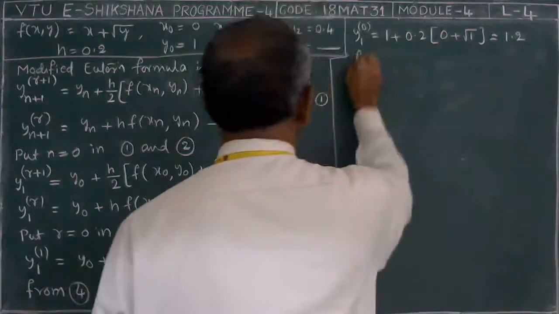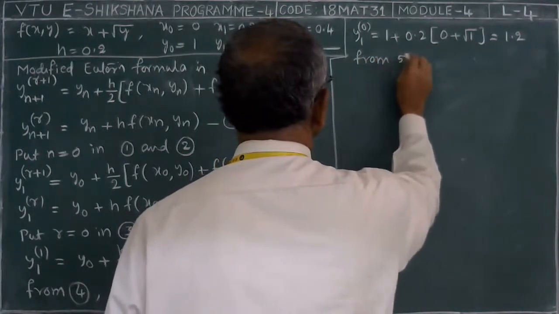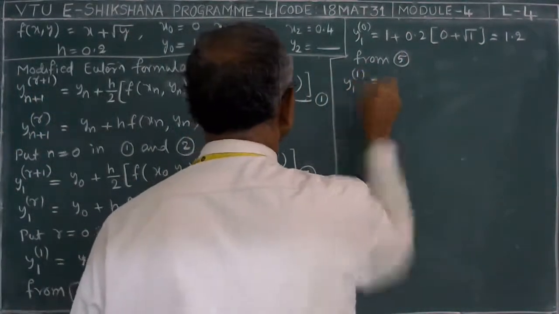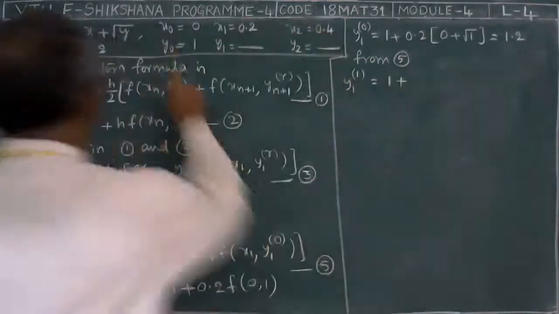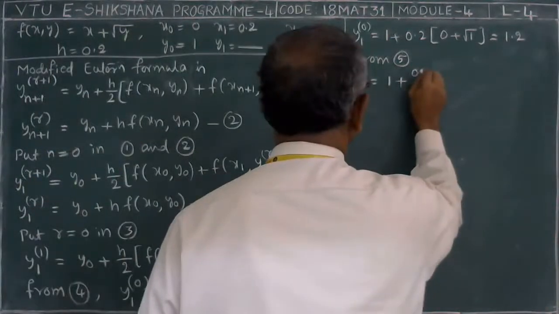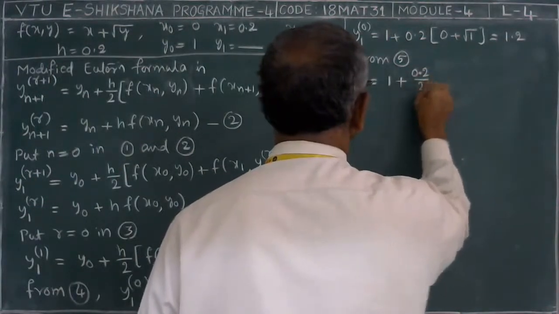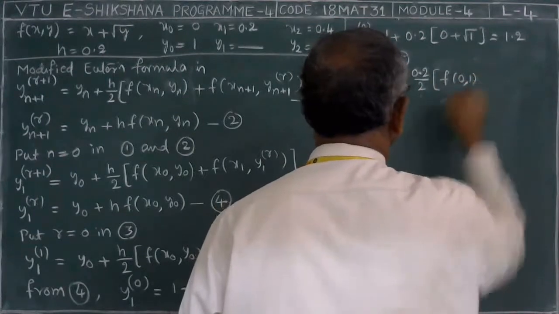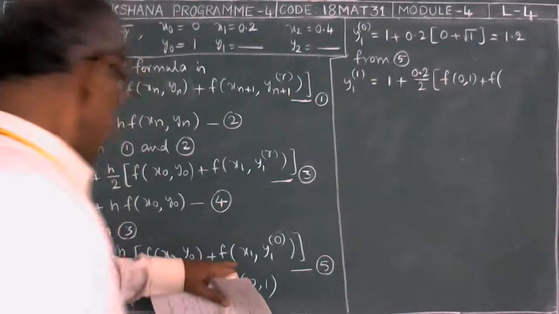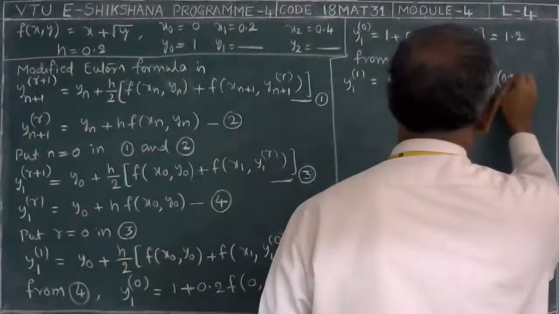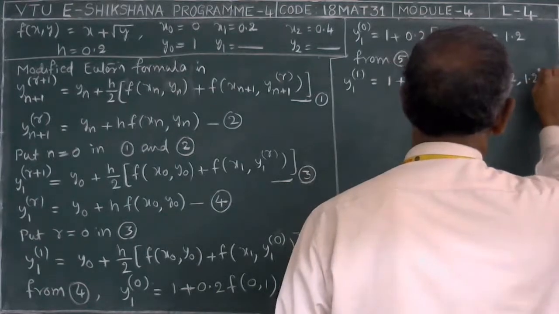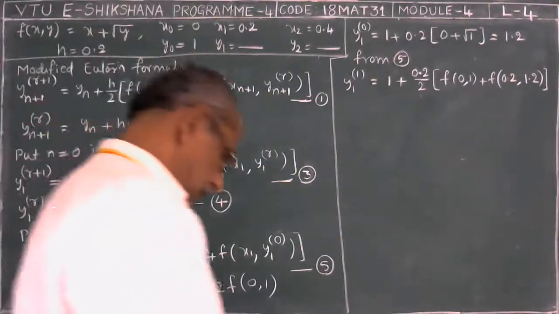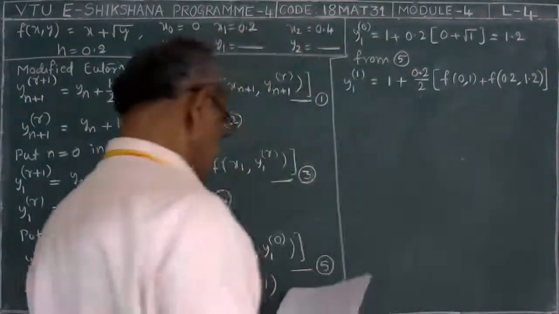From equation 5, y1 1 is equal to y0, which is 1, plus h by 2, that is 0.2 divided by 2, into f of x naught comma y naught, f of 0 comma 1, plus f of x1 comma y1 0, that is 0.2 comma 1.2. Now apply the definition.